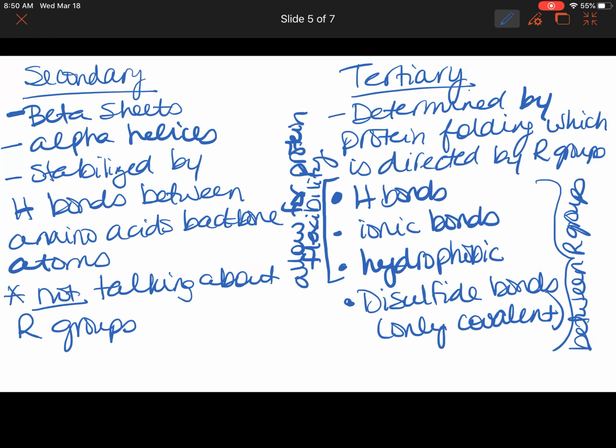Because these bonds are relatively weak, we're not casting the protein in bronze where it's completely hard and inflexible. These interactions that stabilize tertiary structure allow the protein to flex and to move and to just change its shape slightly. When a protein changes its shape, that's important, okay?